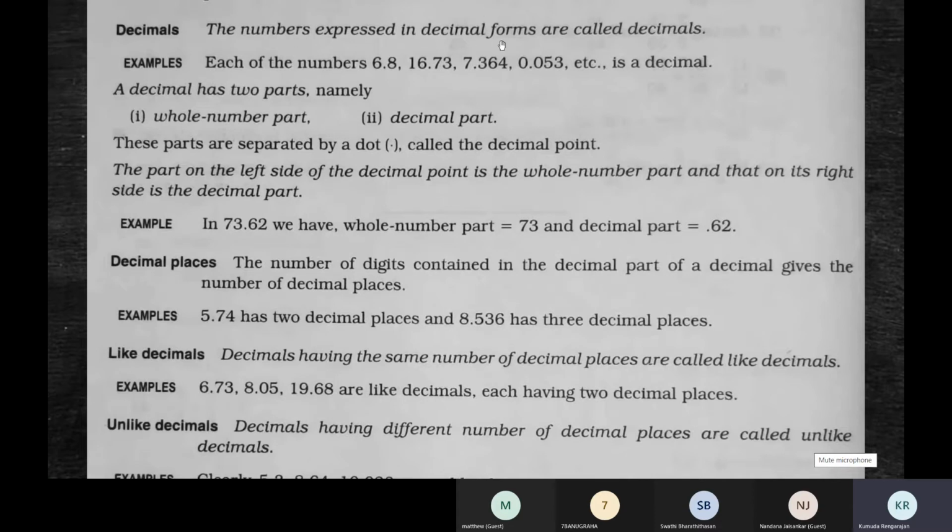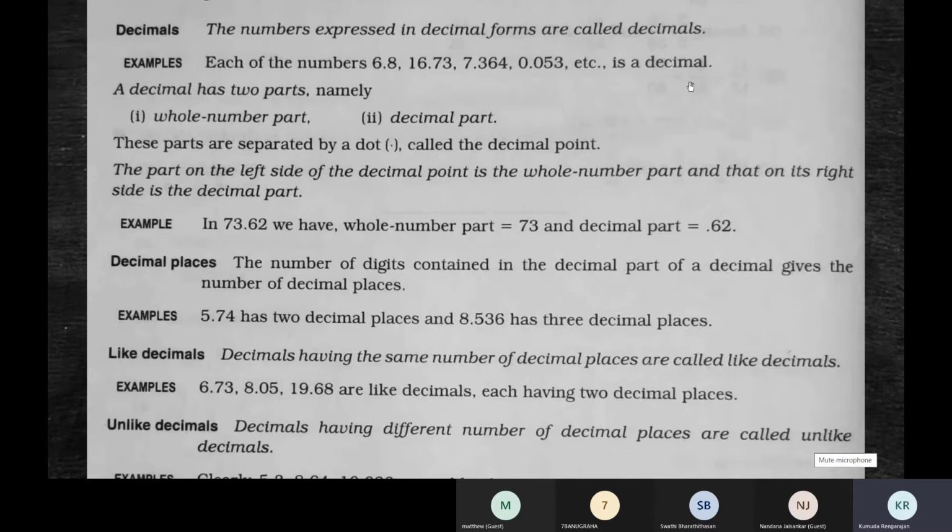If a number has a numerator and denominator, we call it a fraction. Like 5 by 8. Why do we call 5 by 8 a fraction? 5 is in the numerator, 8 is in the denominator. If a number is of the form a by b, where a is the numerator and b is the denominator, then a by b is a fraction.